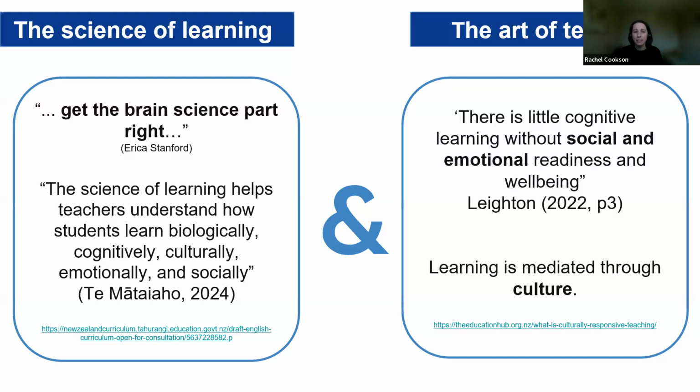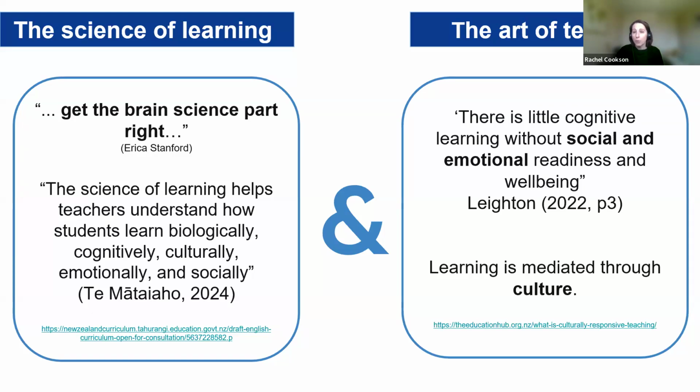I think the key thing when we're talking about the science of learning is to understand that this is not a done deal. This is a body of ongoing research around how young people learn, how we all learn. And our intention is to use that knowledge of how we learn to create courses so that students can access the content and build strong foundation of knowledge at NCEA Level 1.